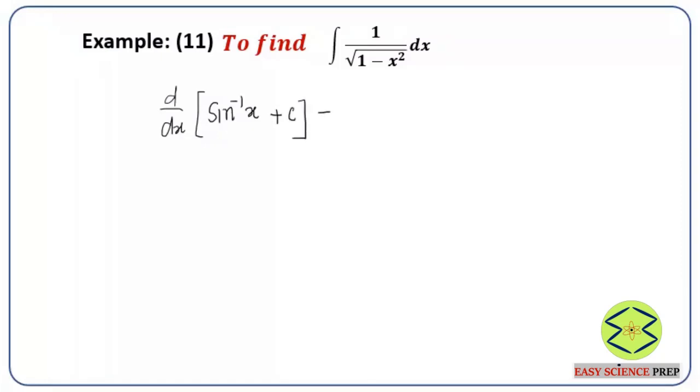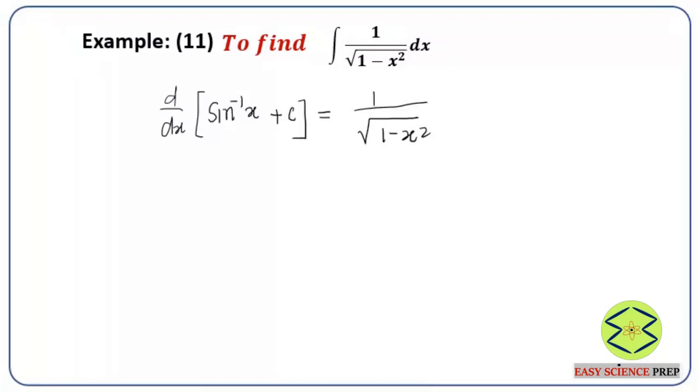Now we have another example: to find the integration of 1 over under root of 1 minus x square. So we know that the derivative of sine inverse of x plus c is nothing but 1 divided by under root of 1 minus x square. Now the derivative of c is going to be 0.